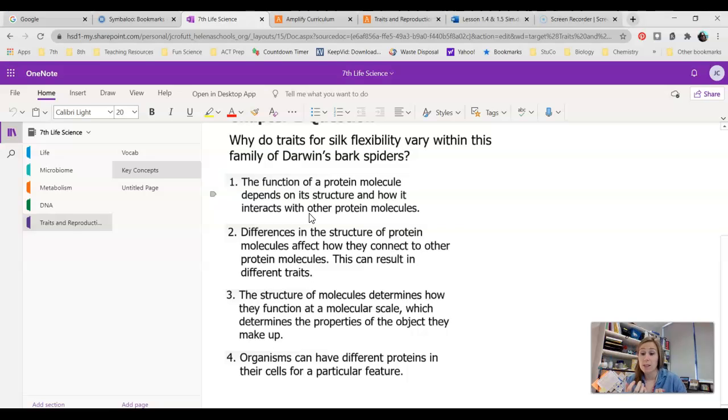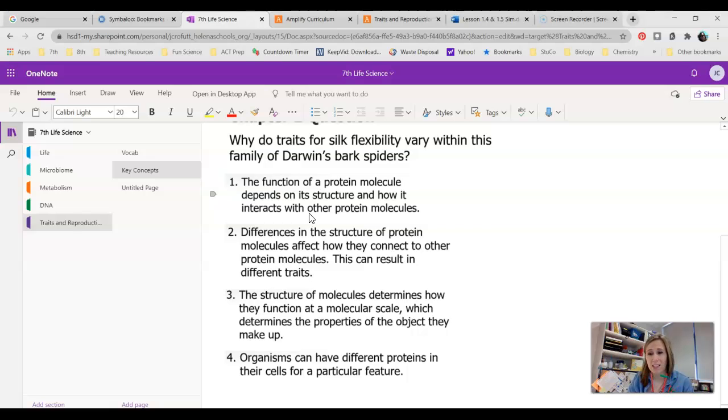Basically, what you saw is that you had different types of proteins in your little activity, and you saw how they had different structures, right? This one had 2 connectors, this one only had 1 connector, and this one had no connectors at all. So they all have different structures.